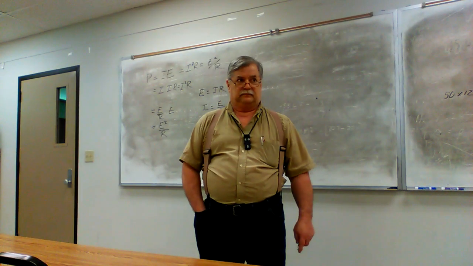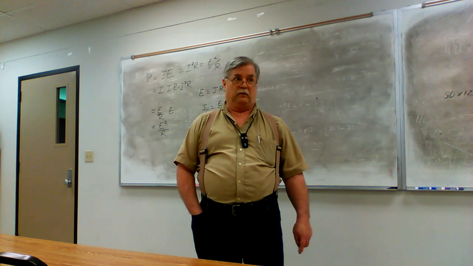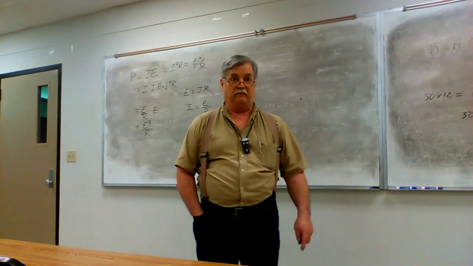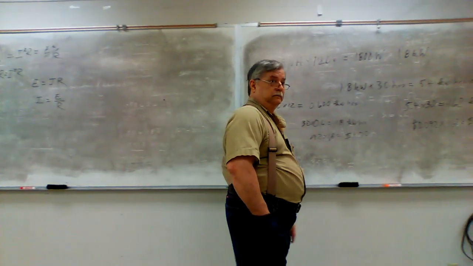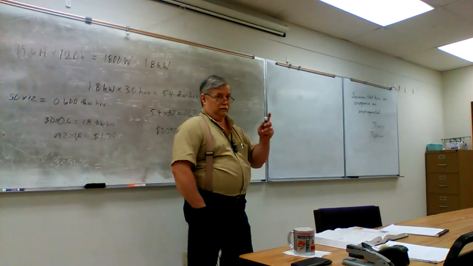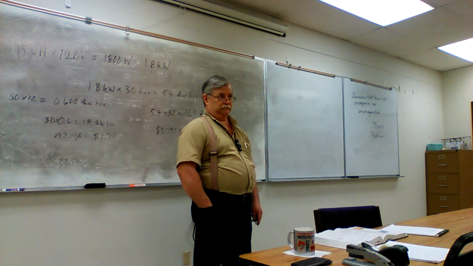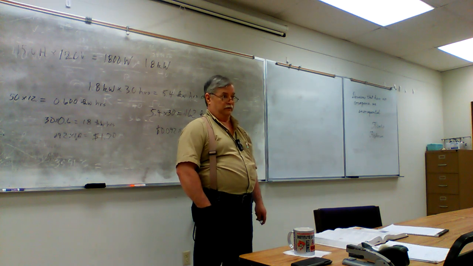Now, what happens if that thing kicks on and runs for 4 hours over the course of the night? What's 30 times 4? 120 kilowatt hours for one night. That's assuming it only runs for 4 hours when it kicks on.